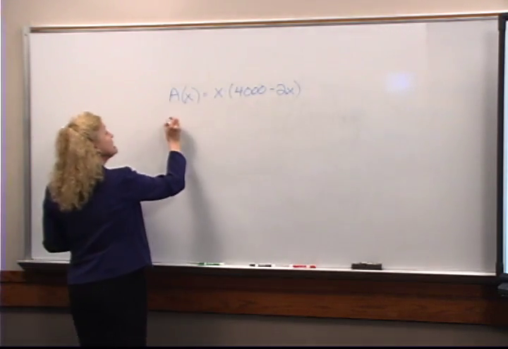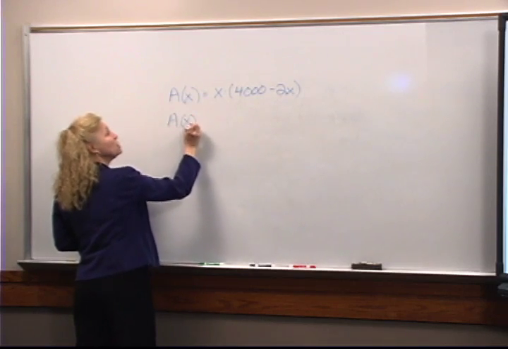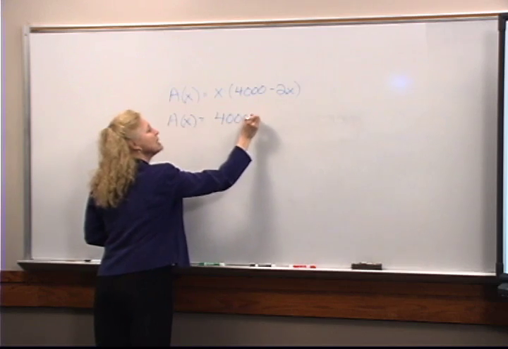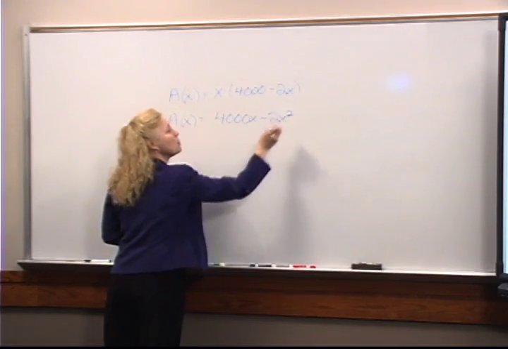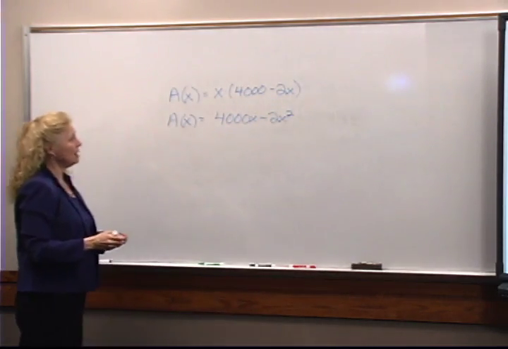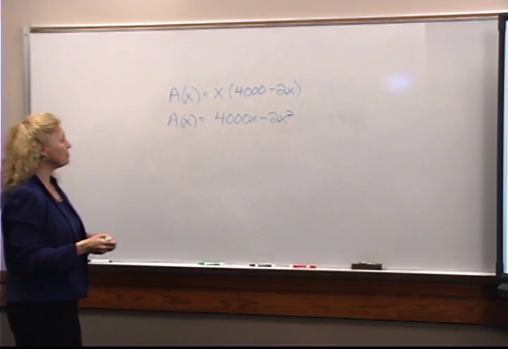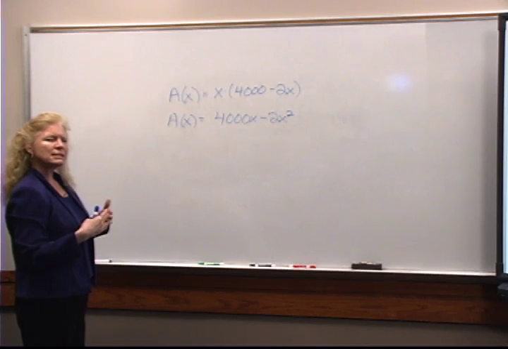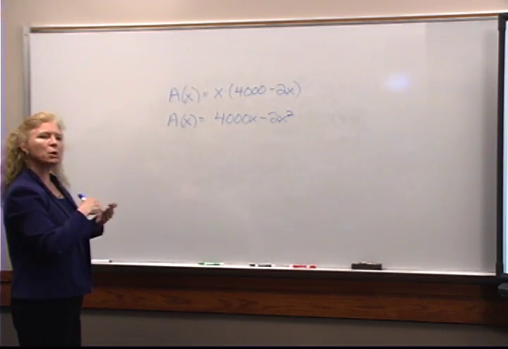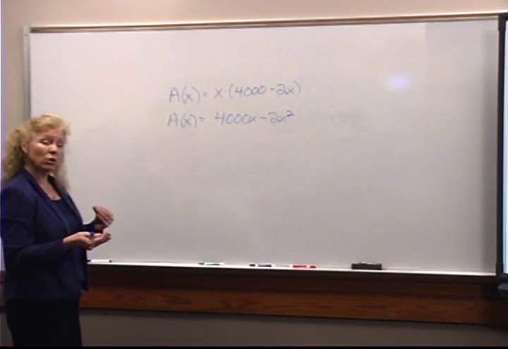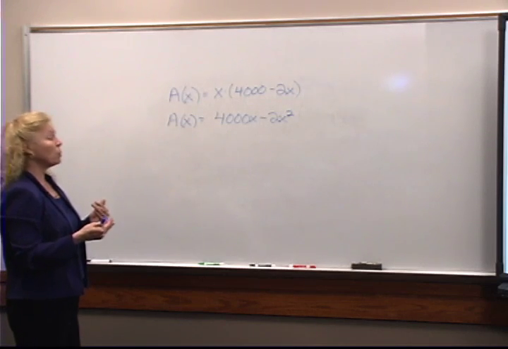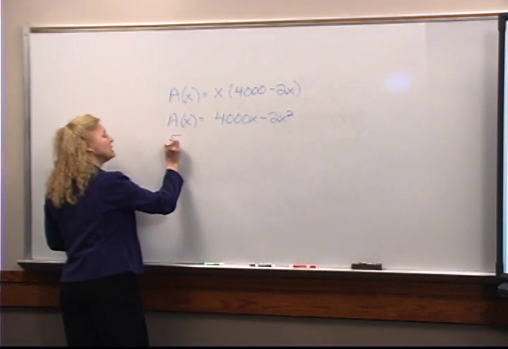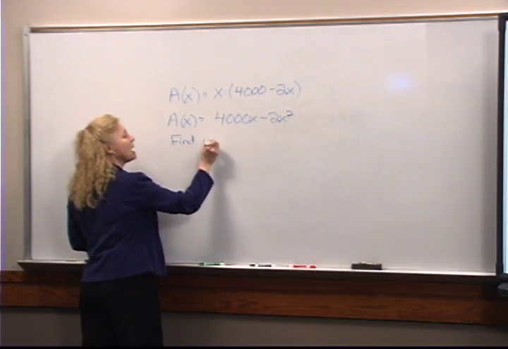Well, you don't see a square, but you know that if you distribute that through, you would have 4,000x minus 2x squared. All right, we've got a quadratic equation. Now, we're looking for the largest area. So where will that largest area occur? Well, it will occur at the vertex. So essentially, we need to find the vertex.